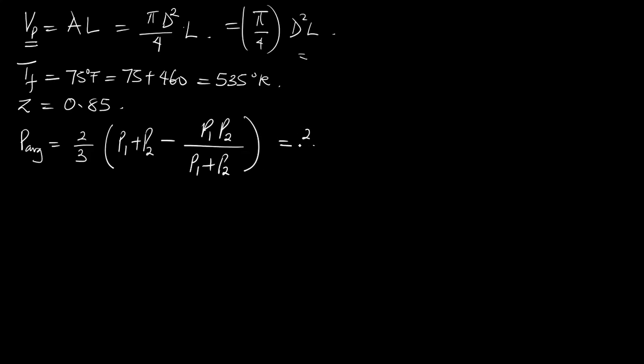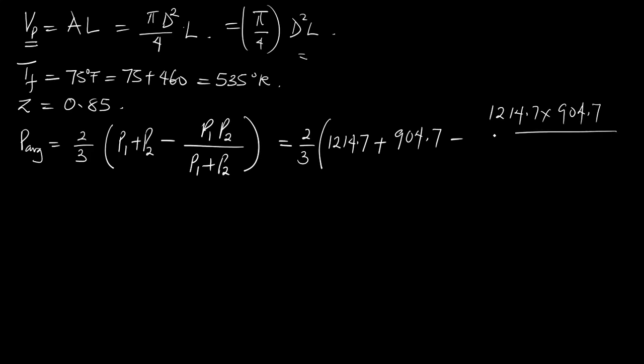We have 2/3 times bracket open the inlet pressure, 1214.7, plus the outlet pressure, 904.7, minus 1214.7 times 904.7 divided by 1214.7 plus 904.7.